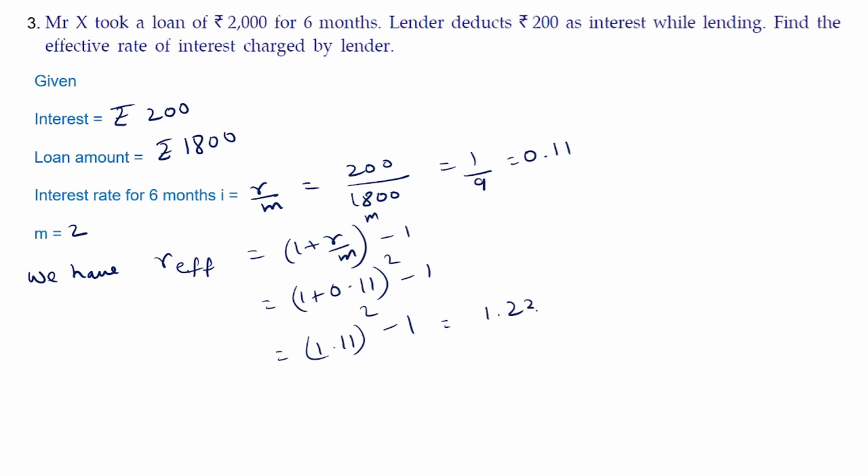It is 1.2345 minus 1, which is 0.2345. So the effective rate of interest is 23.45%. So it is a very huge interest. For 6 months, deducting 200 for a loan of rupees 2000, the effective interest rate is 23.45%.